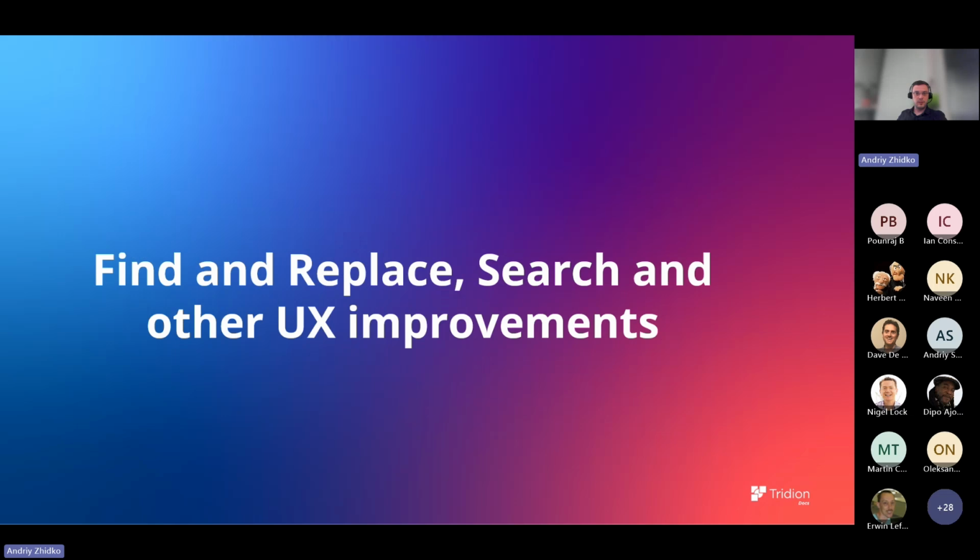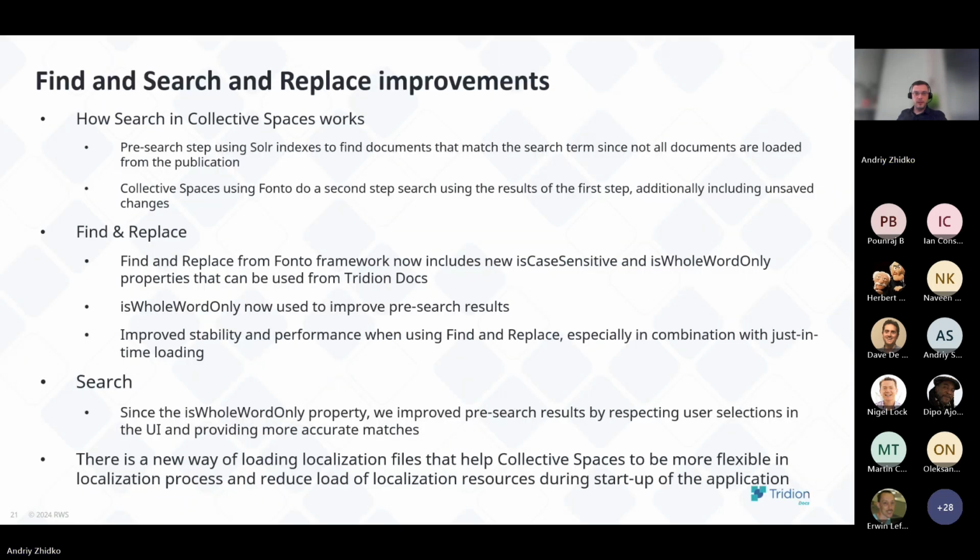release. So first I would like to start with find and replace search and other user experience improvements that we did. Before I explain the improvements, I first would like to explain how search in Collective Spaces works in general. There are two steps.